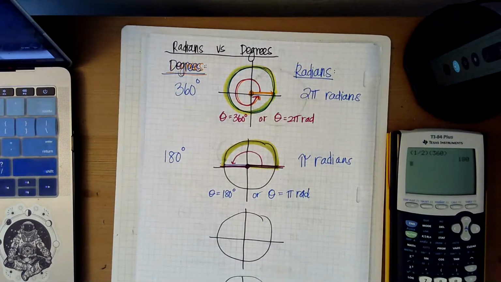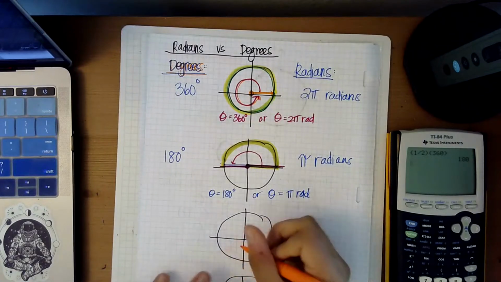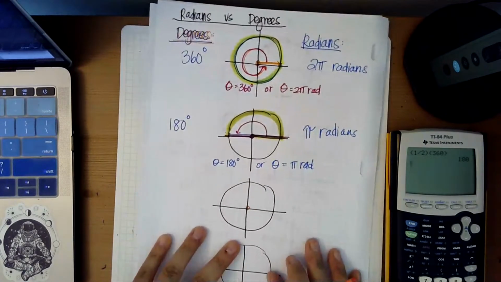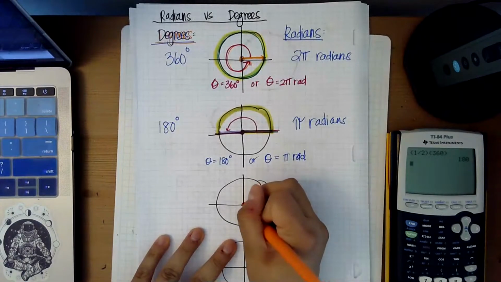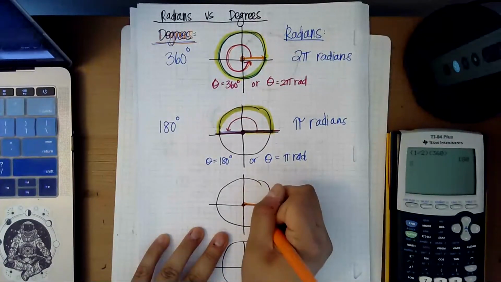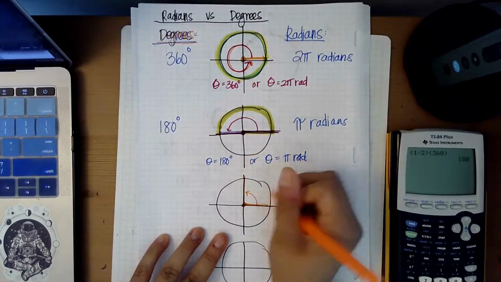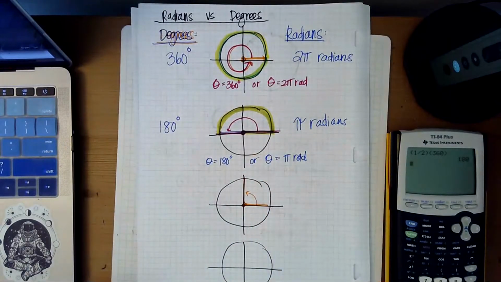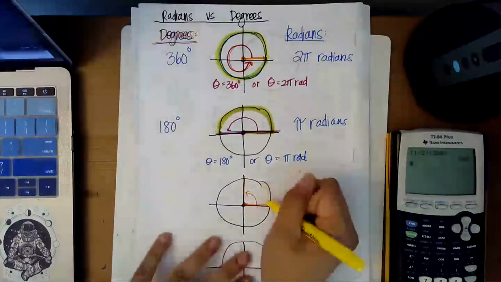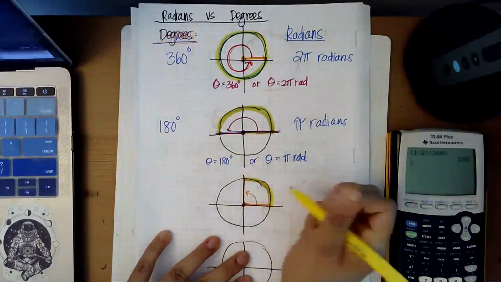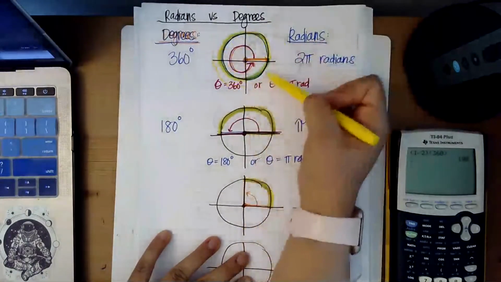Now let's see if I can take this a little bit further. What happens if I use my terminal ray? Here's my starting ray, and this time I only go here to here. So now, how much of a revolution am I making? This was 1 whole revolution.